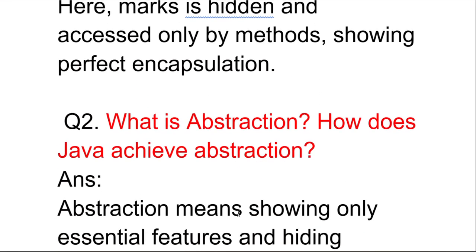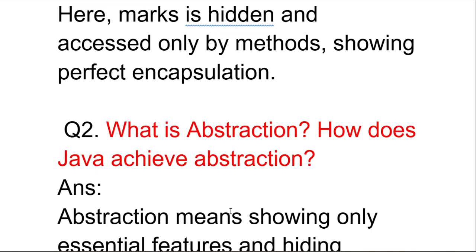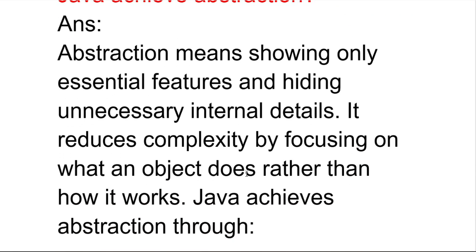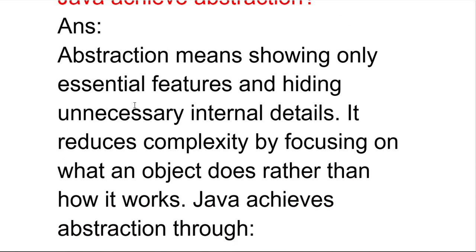Coming to the next question. The question is, what is abstraction? How does Java achieve abstraction? Abstraction means showing only the essential features and hiding the unnecessary internal details. For example, in every website, you can only see the user interface, not the internal code.